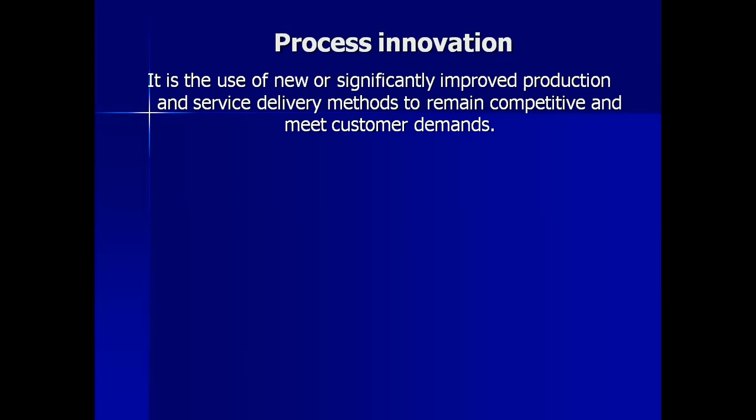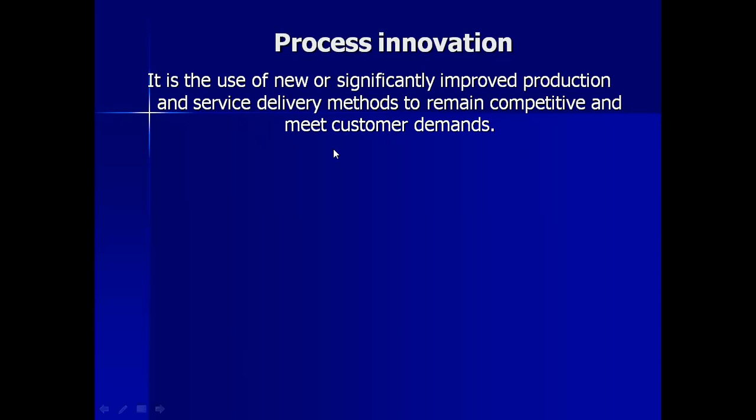Now it's written improved production methods, we understand that, but what is service delivery methods? Why is it written? The reason is because all businesses do not produce goods. There are service businesses as well, which provide services to customers.